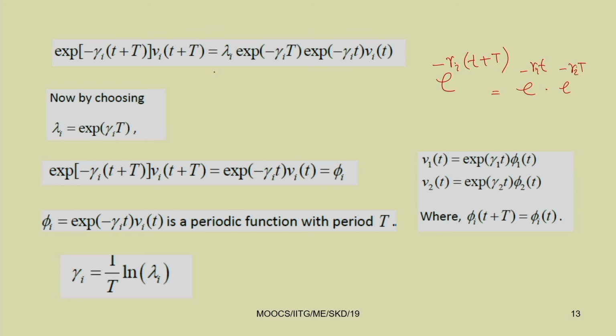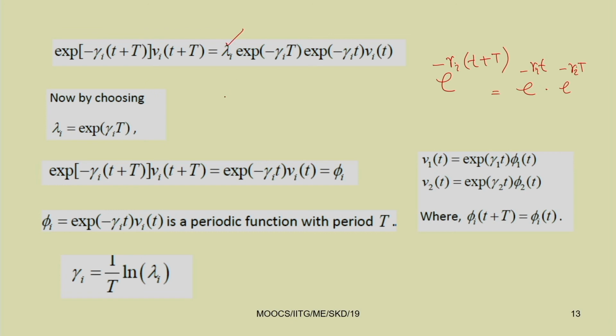Now, expanding the right hand side, you have written lambda_i e to the power minus gamma_i t and e to the power minus gamma_i T v_i(t). Now what can we do? We can choose lambda_i in such a way that lambda_i equal to e to the power gamma_i T. Now what you can see?